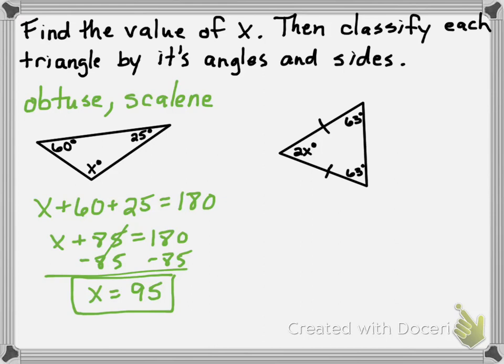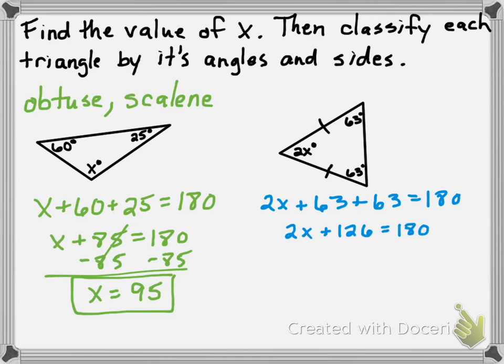Alright, and for the next one, this time instead of an x, I have a 2x. So I have 2x plus 63 plus 63 still equals 180, because all triangles equal 180. So 2x plus 126 equals 180. Now I have to move the 126. I can subtract it.